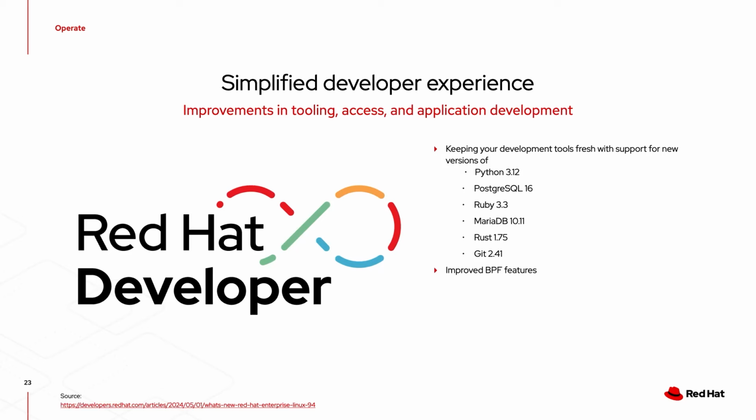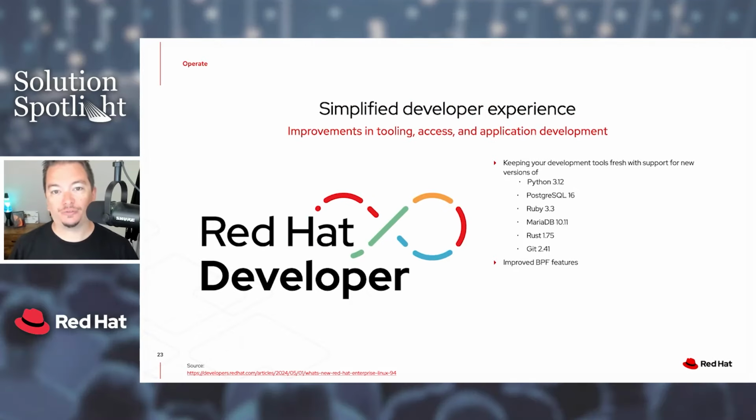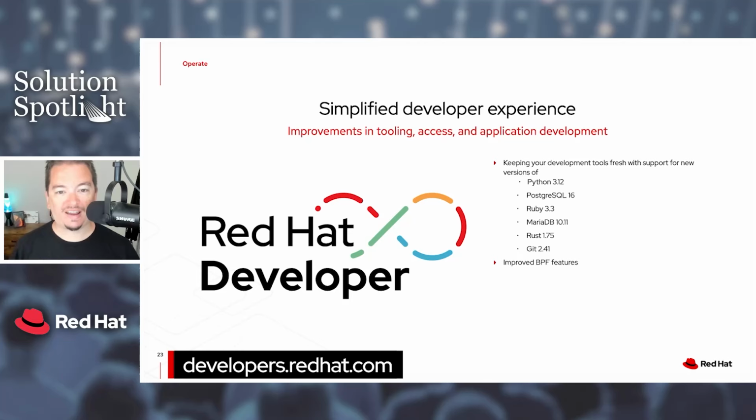But if you're like me and like to run the latest and greatest of everything, Red Hat Enterprise Linux has you covered there. So with RHEL 9.4, we have tools like Python 3.12, PostgreSQL 16, as well as a host of others, and probably most notable for me is newer versions of Git and Git LFS. If you would like to find out the full list, head over to developers.redhat.com.